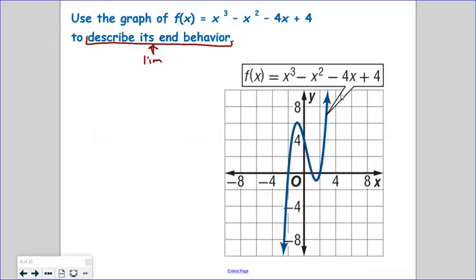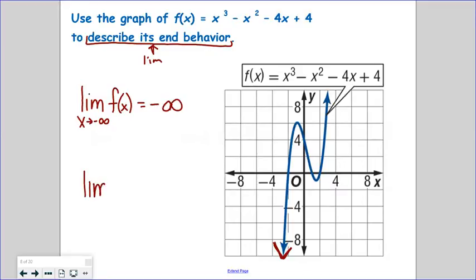Okay? So as I look at this picture right here, my fancy limit notation says the limit of f of x as x approaches negative infinity, as I go to the left. As I go to the left, where is my graph going? So I go to the very farthest left, and I see that the arrow is pointing down. So my graph would be headed towards negative infinity.